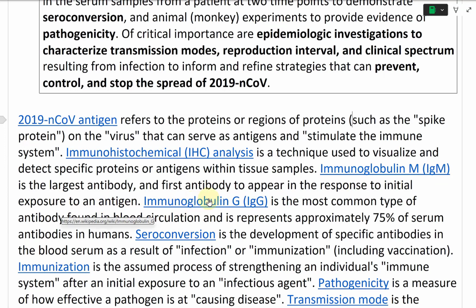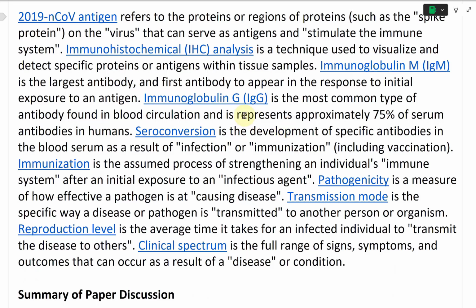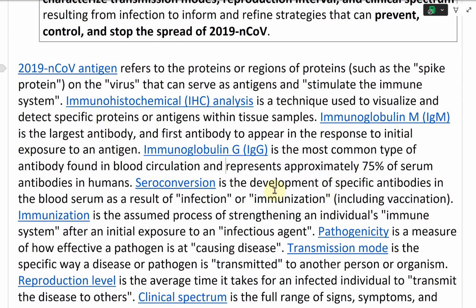And immunoglobulin G, or IgG, is the most common type of antibody found in blood circulation, and it represents 75% of serum antibodies in humans. And seroconversion is the development of specific antibodies in the blood serum as a result of, quote, infection or, quote, immunization, including vaccination.